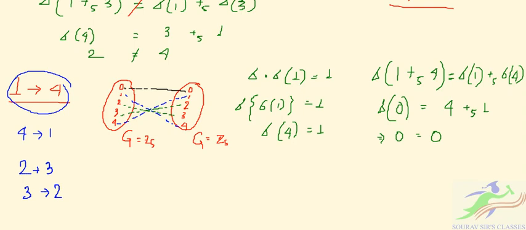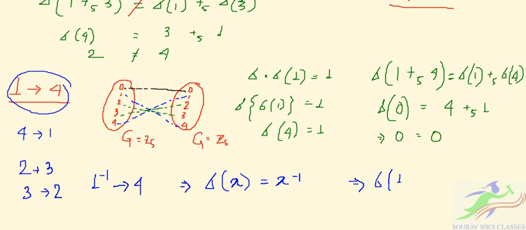So we know that 1 inverse is 4, so putting the same thing, that phi of x is x inverse. So phi of 1 is 1 inverse, which is nothing but 4.